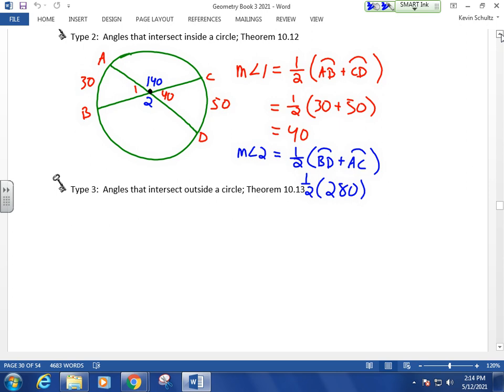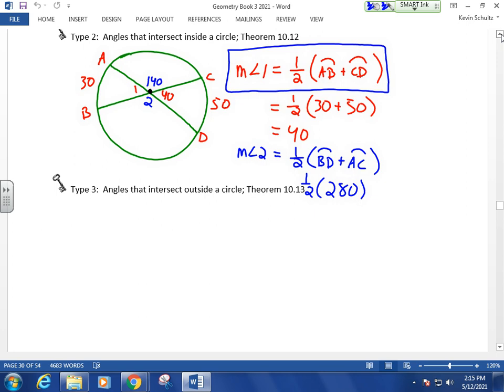So there's lots of different tools you can use here to get the values that you want. So on the next page, when you see a picture of two chords intersecting in a circle, you're going to look back to this and say, okay, what's my formula? The angle I want is equal to half the sum of the arc it and its vertical angle creates.